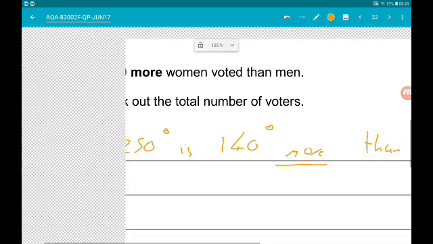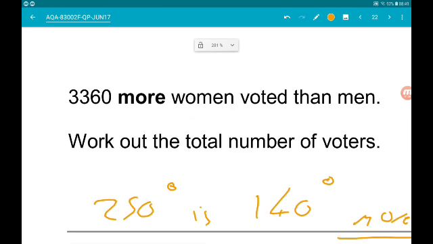Now we know that 3,360 more women voted than men. So that means that this extra part of their angle over the men represents 3,360 people.